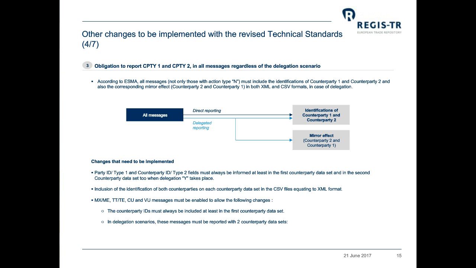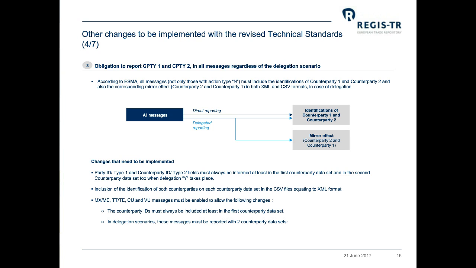Fields that belong to a data set and common data section will be better grouped by the corresponding section. Currently, on CSV files, just one counterparty identification data set is being informed. Now with the new implementation, CSV files will include a second counterparty identification data set, so that the mirror image of parties' identification can be populated in delegation scenarios.